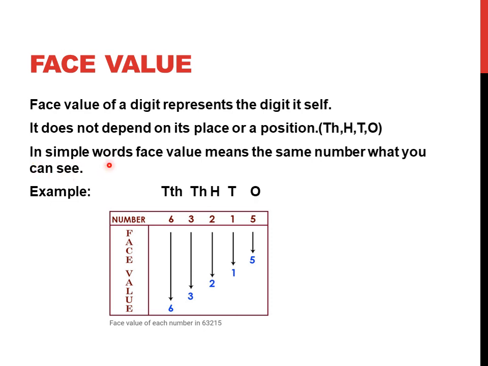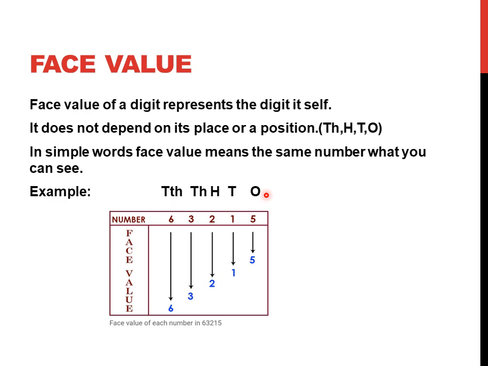In simple words, the face value means the same number that you can see. So here we have taken a set of numbers, and the face value of these digits is the same number. It does not depend on the place where it lives.